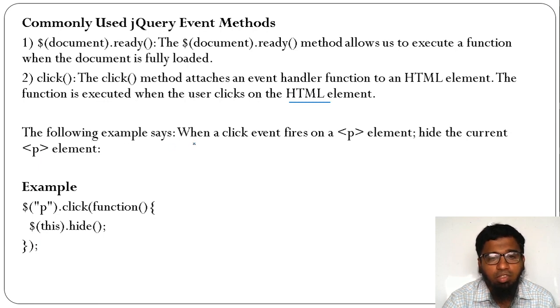The following example says, when a click event fires on a P element, hide the current P element. So see, $P comma click function, what should happen? this dot hide. Wherever this P is, that should be hidden.